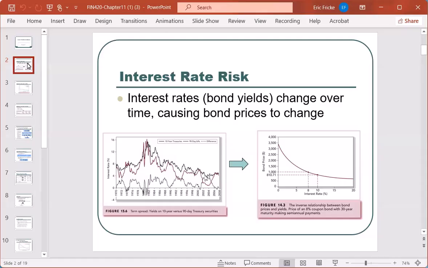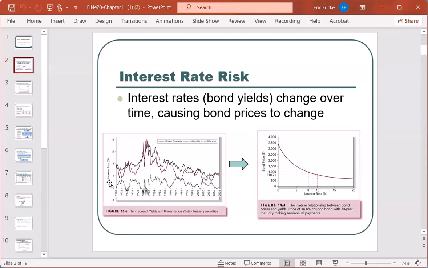Fixed income is an example, and then also we have commodities like gold, which is going crazy right now, or has been. And so let's talk more about fixed income, the risks, and the risk now specifically is interest rate risk.